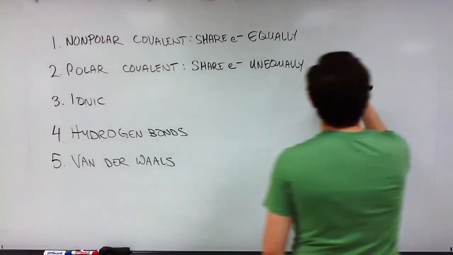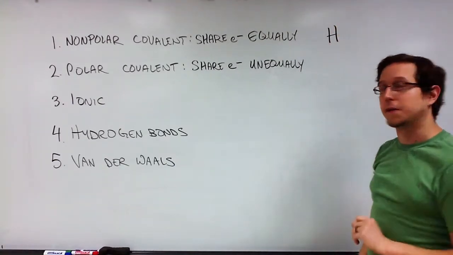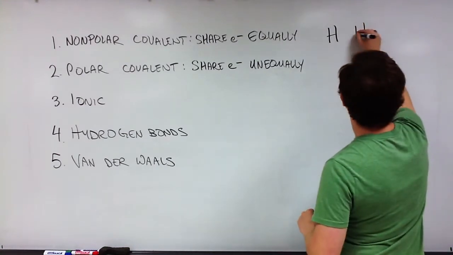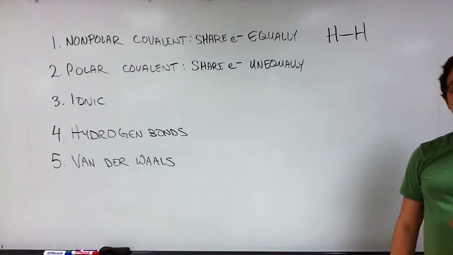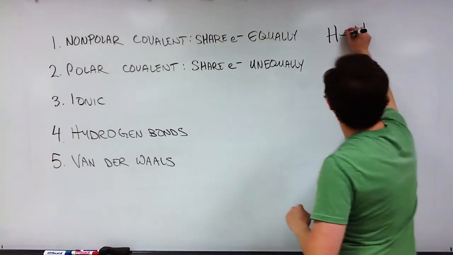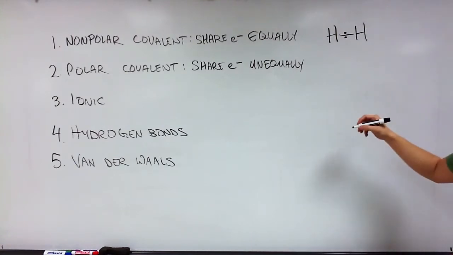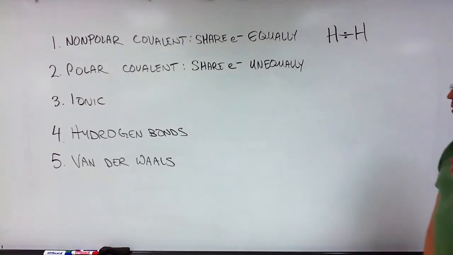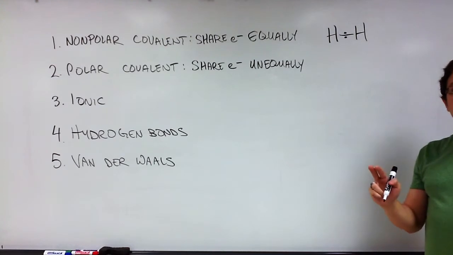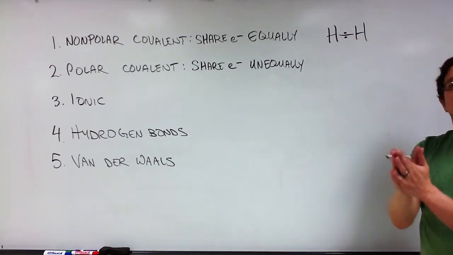So for instance, if I have a hydrogen atom, which only has 1 electron in its first shell, and it engages in a covalent bond with another hydrogen atom, those electrons are going to be shared equally, halfway between both of those hydrogens. And since it's the first shell, both of those hydrogens have 2 electrons in their valence shell, due to the fact that they're each contributing 1 electron.